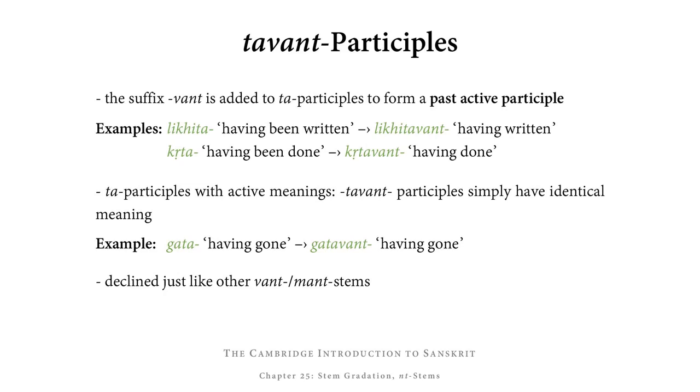And in those cases, we do also get tawant participles, but they simply have identical meaning to the ta participles. So for example, gata means having gone, because having been gone doesn't make sense. So gata means having gone, and gatawant simply means exactly the same thing, namely having gone.